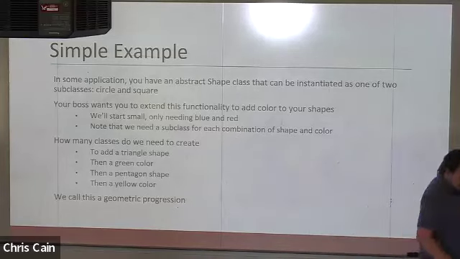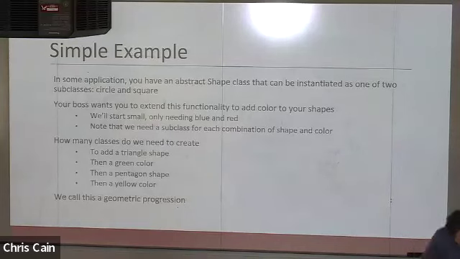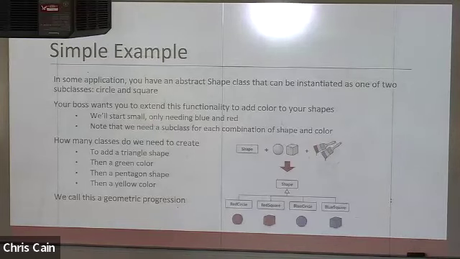All right, so now we're going to go through kind of exactly what I've already talked about. So we have shapes. This was the bad idea where a single shape is inherited from by all sorts of classes, and we have multiple dimensions that go into each one of these objects, the color and the shape.